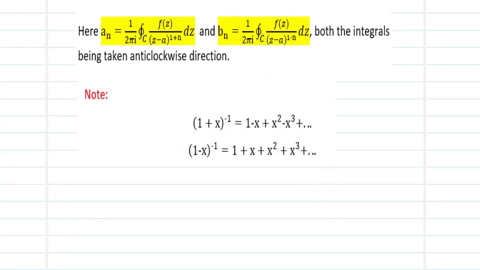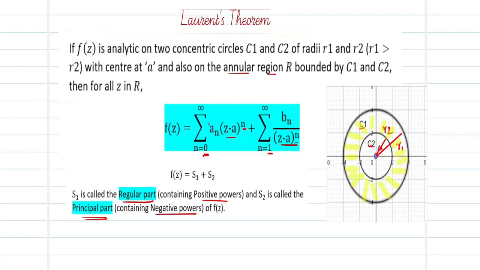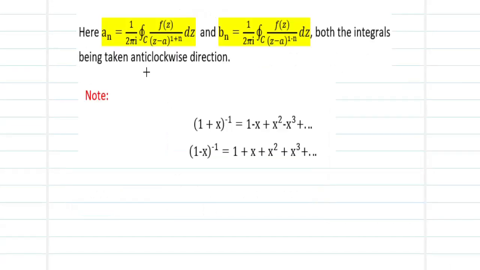Now there are two more quantities involved in the formula, an and bn. They are called the coefficients of the Laurent series. So how do we get those coefficients? They are given by the formula: an is 1 by 2 pi i times the integral over the curve C of f of z divided by (z minus a) power 1 plus n, dz, and bn is 1 by 2 pi i times the integral over C of f of z divided by (z minus a) whole power 1 minus n.